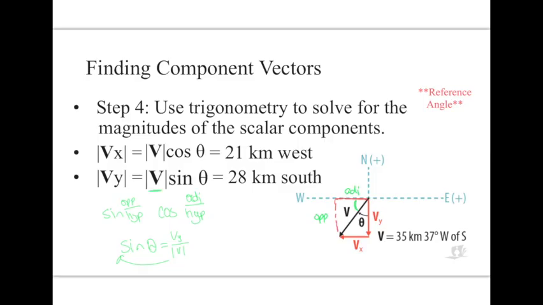If we take the magnitude of our resultant vector and multiply it by the sine of that reference angle, you are going to get the movement in that direction. Same thing with cosine. If you have the cosine of some angle, we want to find the x piece, which is the adjacent piece, over the hypotenuse. In this case, the hypotenuse is the magnitude, the length of that resultant. If you multiply it over, you're going to get the magnitude multiplied by the cosine of that theta. And that's how you get these pieces.